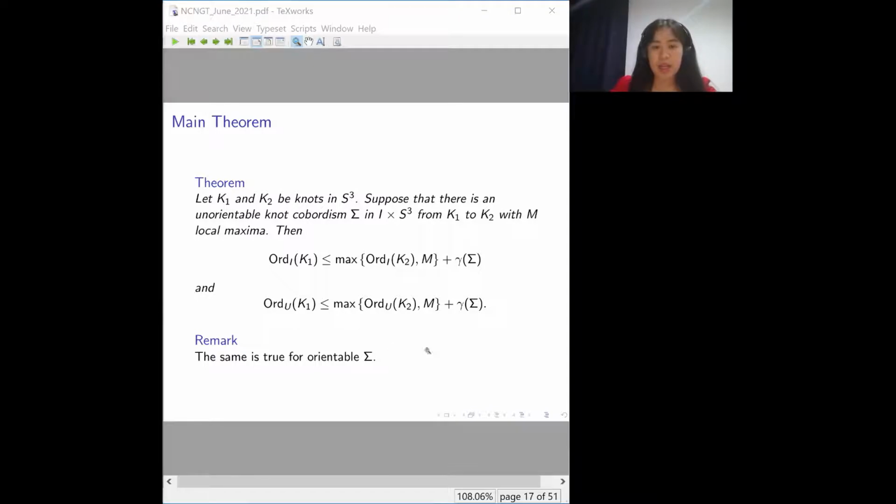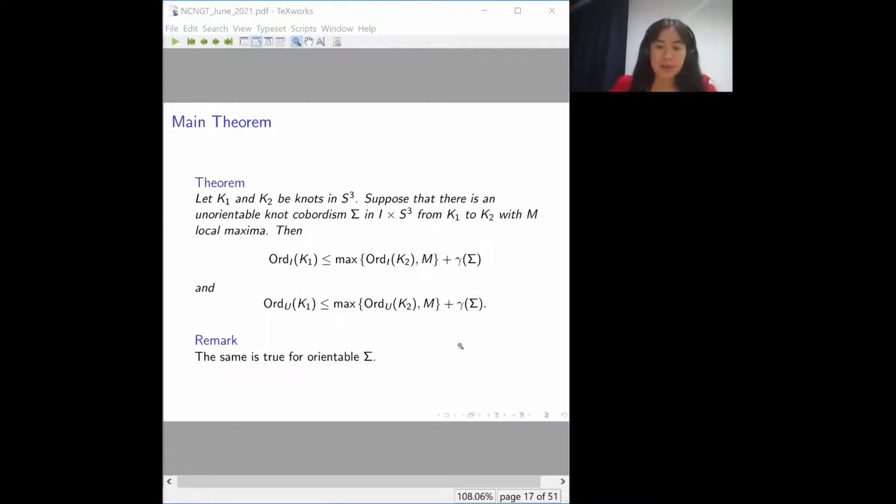As a remark, the same is true for orientable Σ, but in that case the inequalities actually follow from the exact same argument as Juhász, Miller, and Zemke's theorem, because the only thing that they actually use about the version of knot Floer homology they're using is the tube cutting formulas.